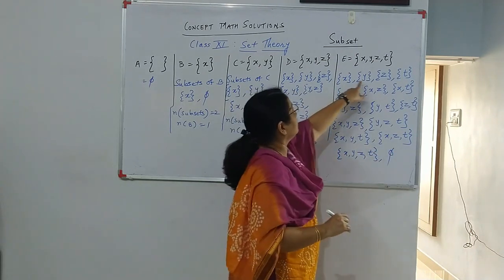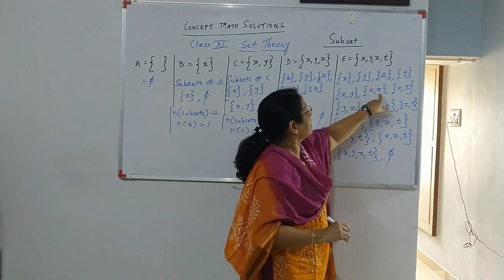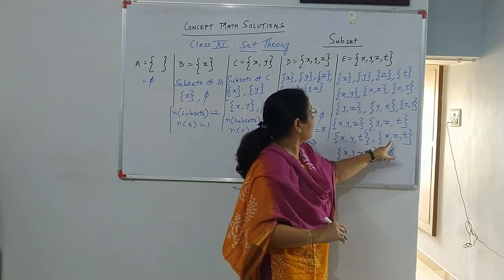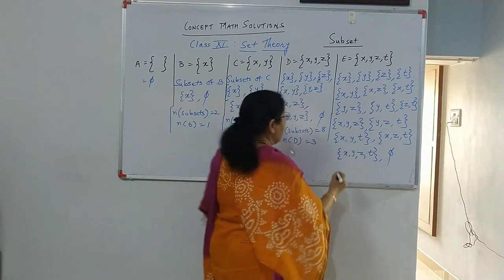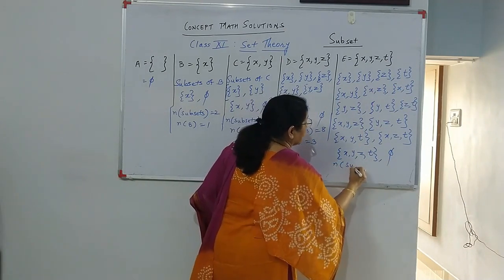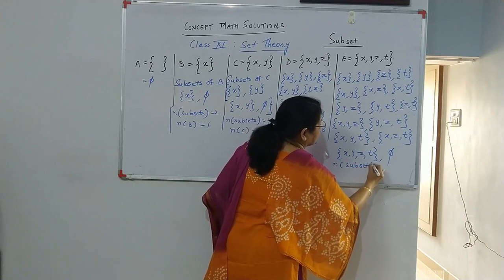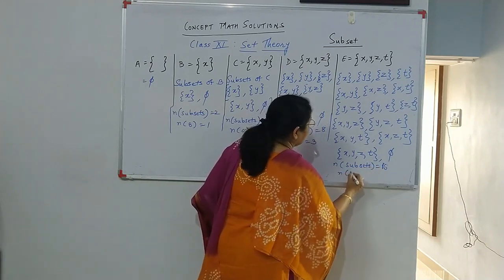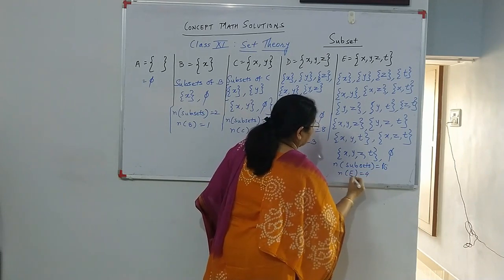Let's count. 1, 2, 3, 4, 5, 6, 7, 8, 9, 10, 11, 12, 13, 14, 15, 16. That is, number of subsets in this case is 16 and number of elements in E is 4.